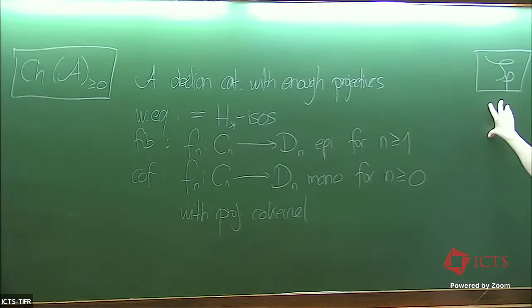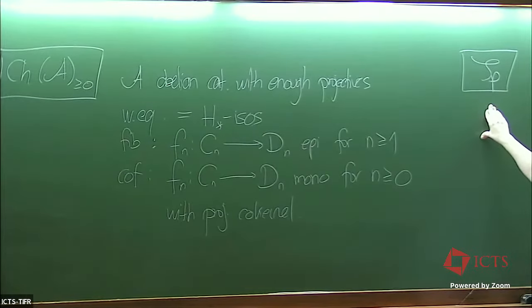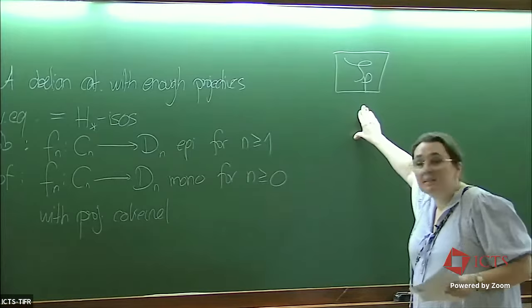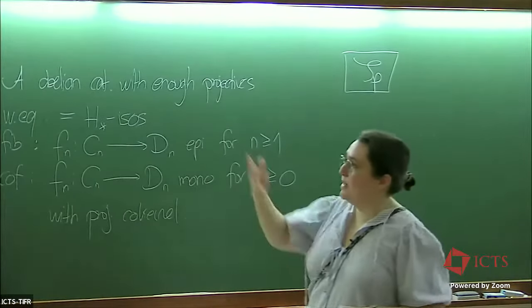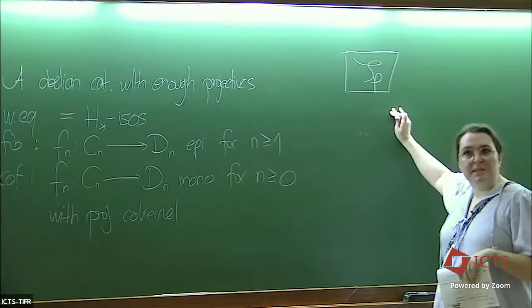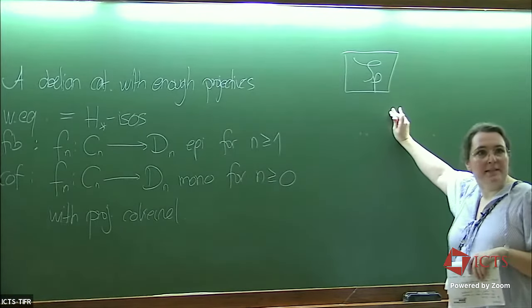Stable homotopy theorists think that the homotopy category of this contains all of mathematics that is worth doing. And therefore, it is a very big and complicated category. And chromatic homotopy theory is going to be a way of studying this big and complicated category.